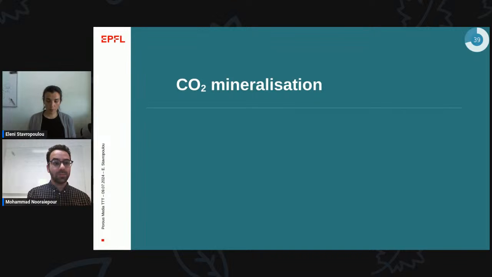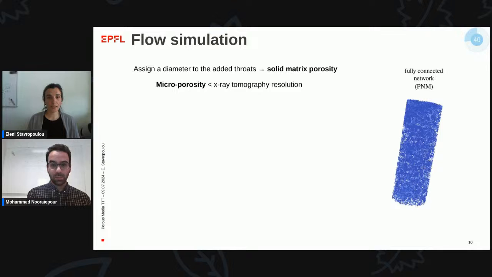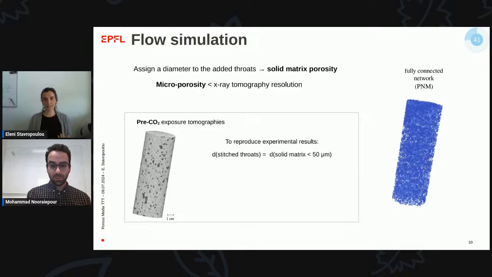Now, through the simulations, we're trying to target, as I said, CO2 mineralization. The reasoning behind adding these additional throats is to represent the resolutions below the X-ray tomography that we can't see.